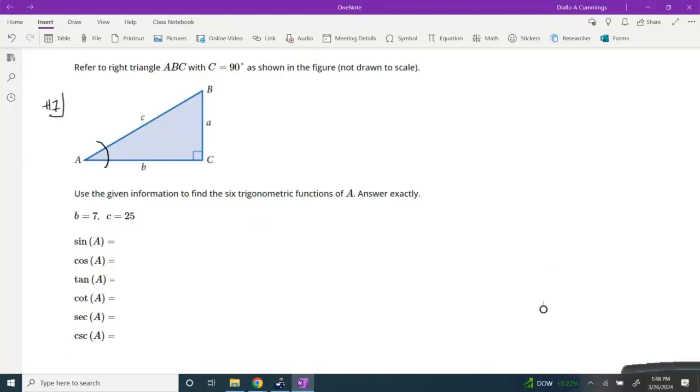Right? Once you set up your reference angle, you should now label your sides. And let me put some steps.